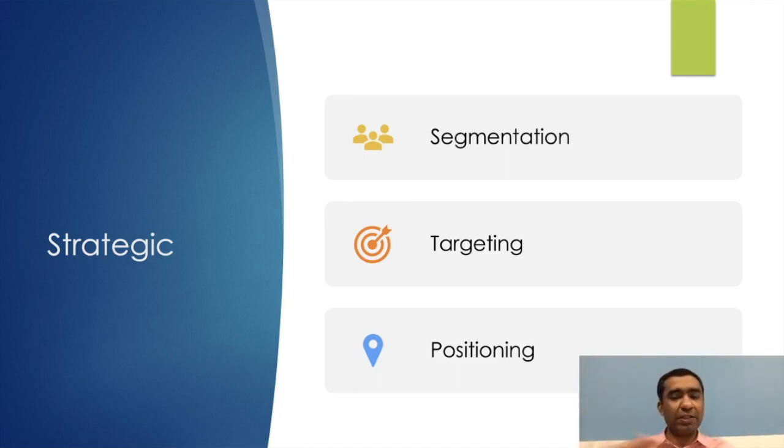If we divide customers into segments, maybe this segment can be geographical, maybe based on gender, maybe based on age, salary group, or any segmentation which suits your product. For example, if I ask you, what is the market segmentation for BMW or Mercedes?